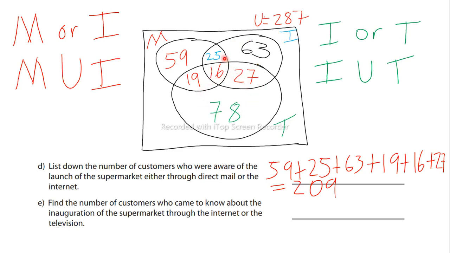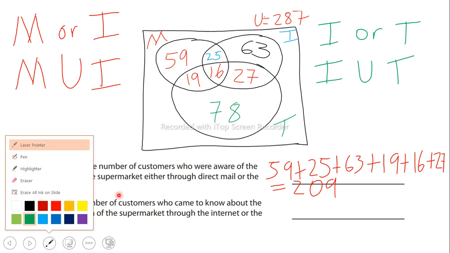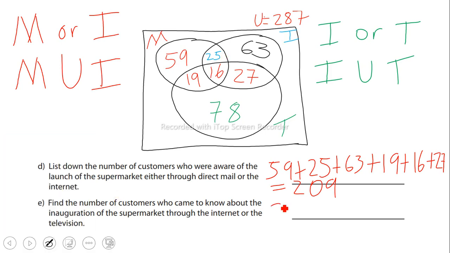So let's add it. That's going to be 25 plus 16 plus 63 plus 27 plus 78.